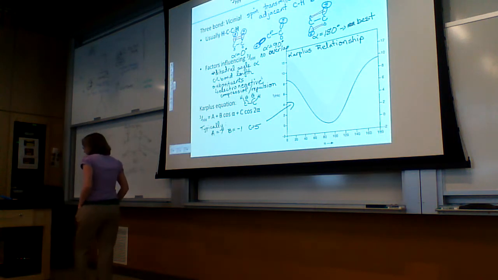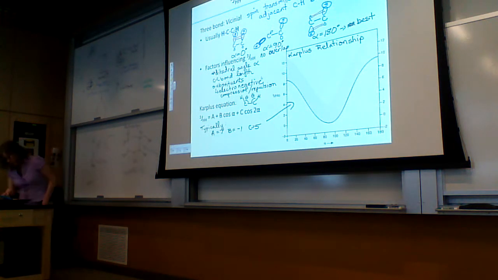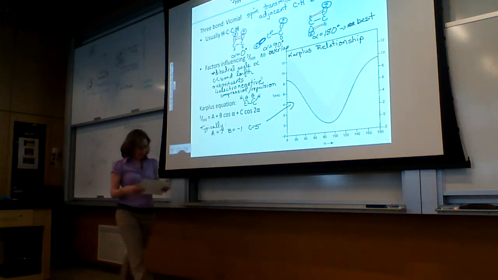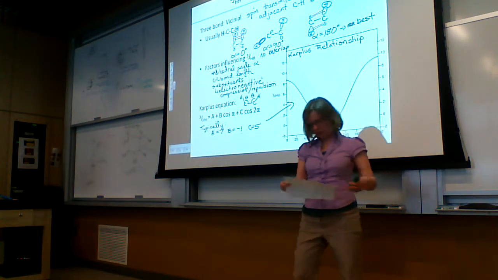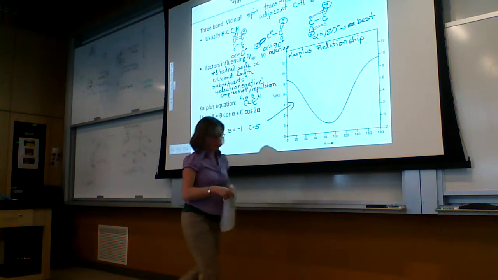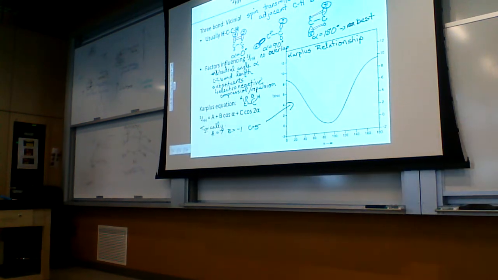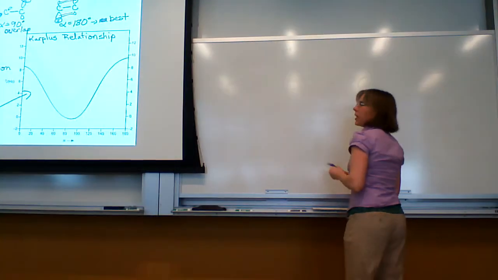I want to go over a few examples, so I'll just leave it on here and draw them on the board. I'll give you a little bit of extra space to draw them in your slides if you have them. So let's do cyclohexane.